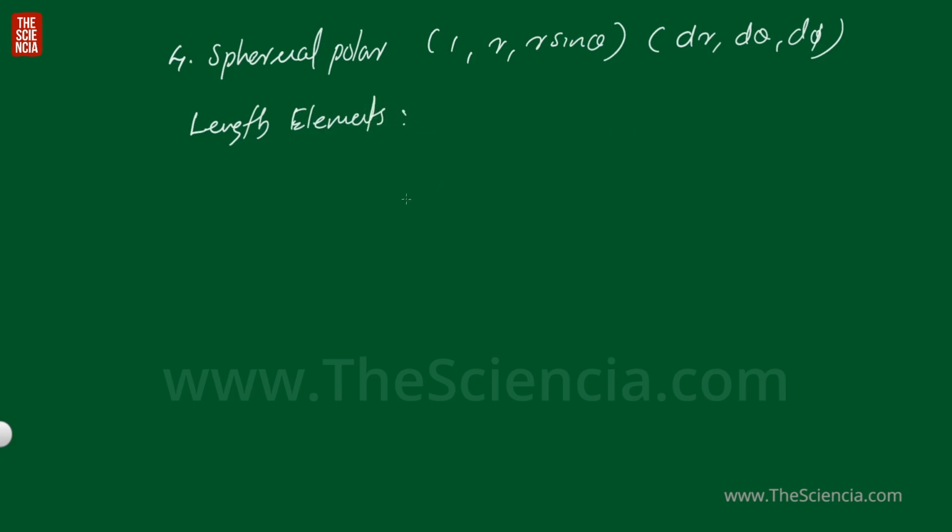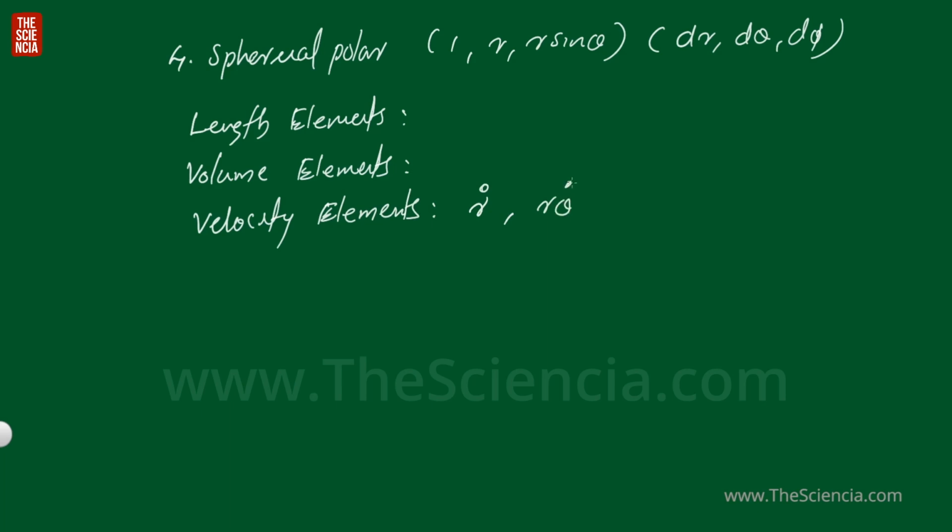Write it here. Okay, it's work for you. Then write the volume element, and the velocity elements. The velocity elements will be r dot, r theta dot, r sin theta phi dot, and we get v square equal to r dot square plus r square theta dot square plus r square sin square theta phi dot square.